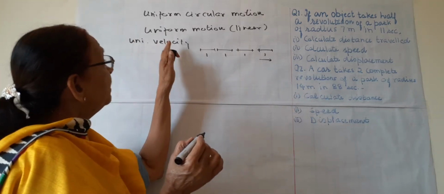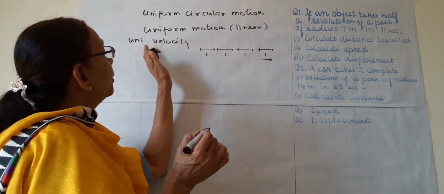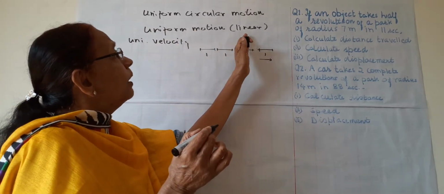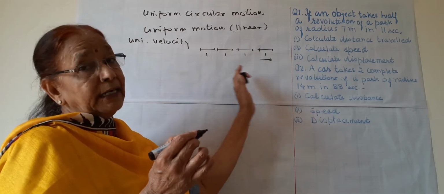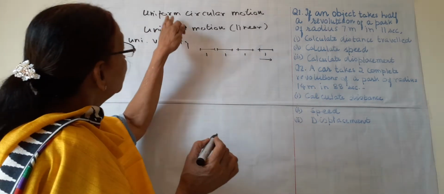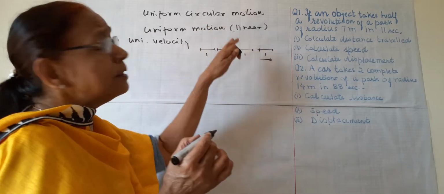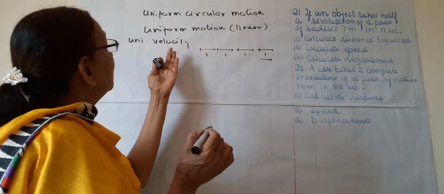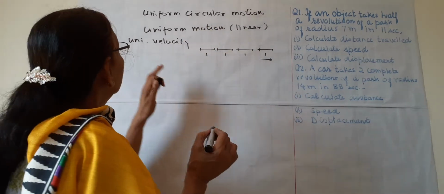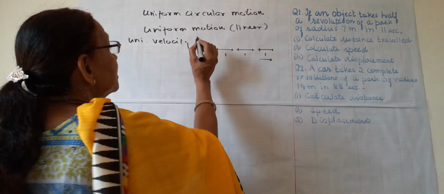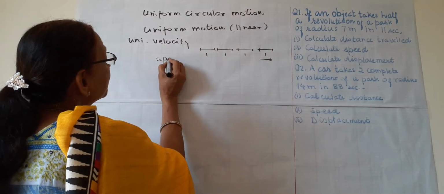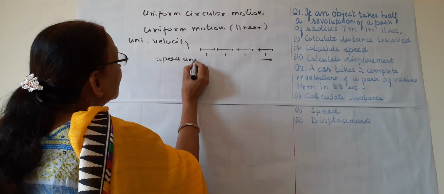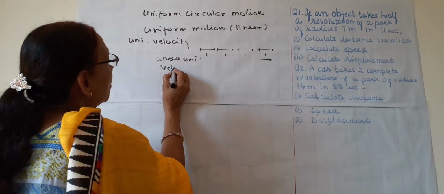Then we call it uniform motion or uniform velocity, and this is linear, in a straight line. But uniform circular motion is quite different from this uniform motion. In here, the speed is uniform as well as velocity is also uniform.